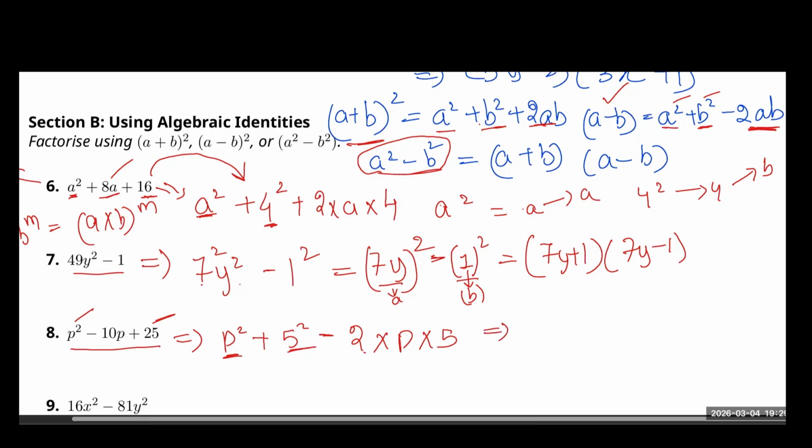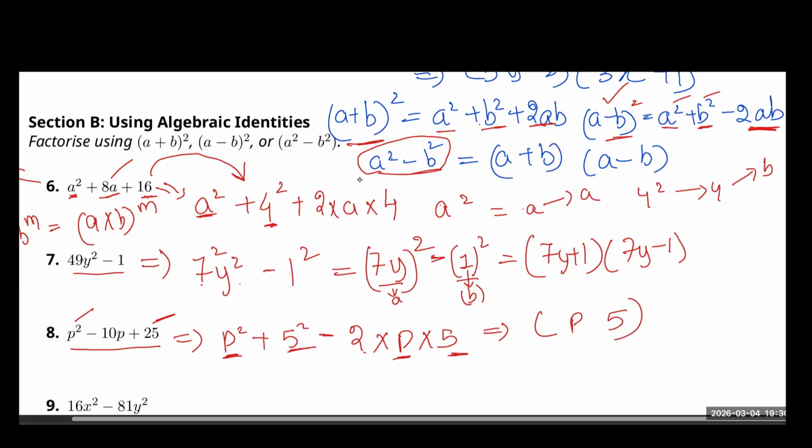So you can write this as, this is nothing but the form of a minus b whole square, right? A minus b whole square means, what is the value of a here? The value of a is b and the value of b is 5.